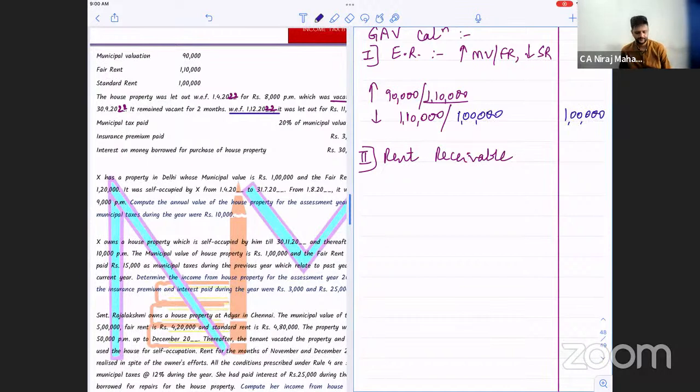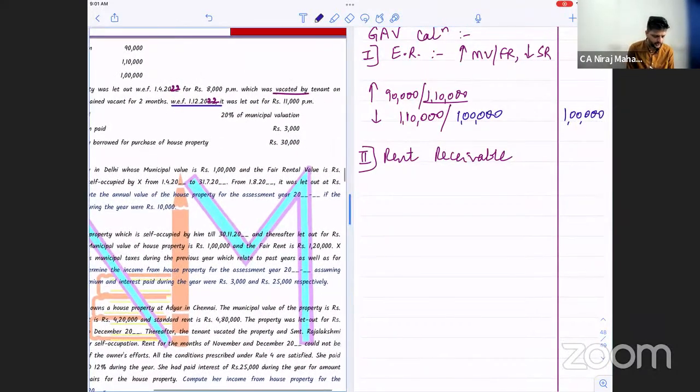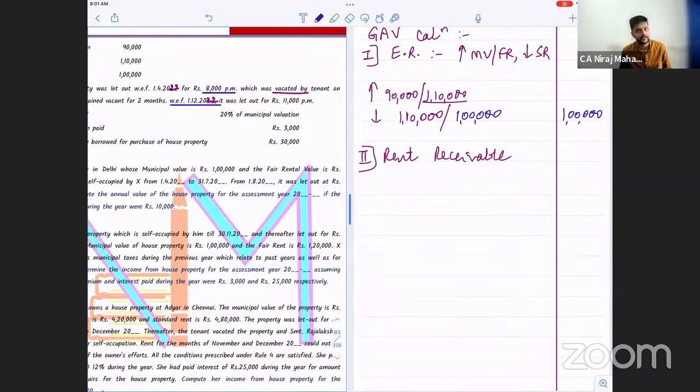Rent receivable is what? From December it is 11,000, more, no? But 8,000 was receivable till November. So I will not take 8,000 for the entire year, because the actual rent is 11,000 from December.